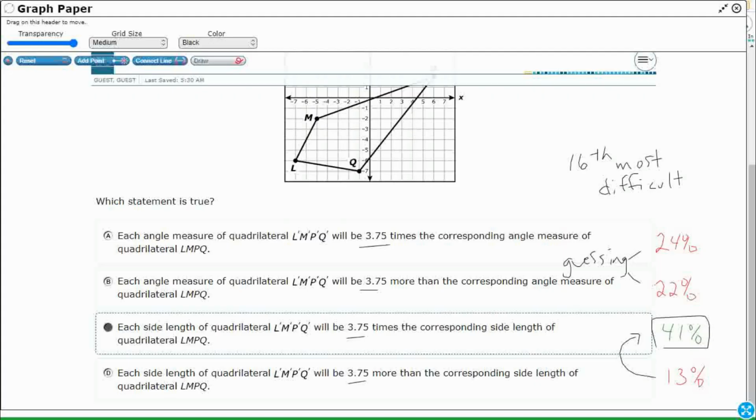And so sometimes just reading all of this, the only differences are right here, and I'm going to go ahead and underline them in blue. Angle, angle, side length, side length. And then I've got the times, more, times, more. So if you're just skimming this, it looks like all 4 of these answer selections are basically the same thing, so I'm just going to guess at them.